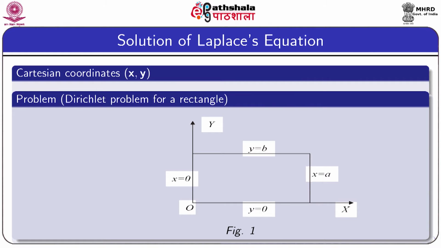That means we have to find the solution of equation number 1 together with the boundary conditions shown here. Here we are assuming the boundary is a rectangle. The values of psi are given on the boundaries y equals 0, y equals b, x equals 0 and x equals a.